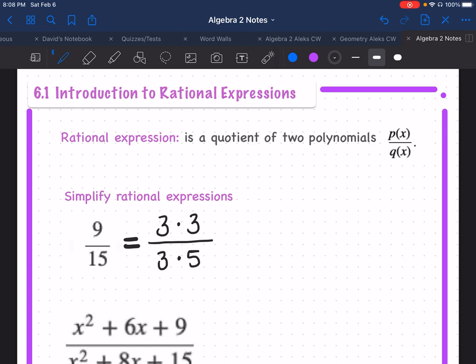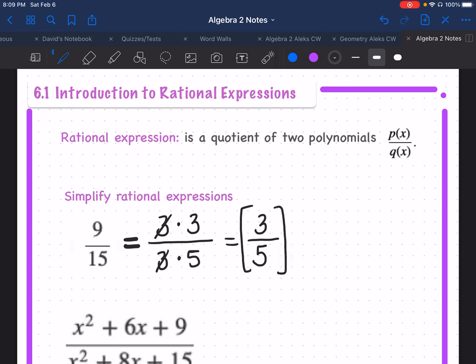Now, what I can very easily see is that I have a 3 in the top and a 3 in the bottom. Because they are in the top and the bottom, they can cancel each other out, leaving me with a 3 in the numerator and a 5 in the denominator, which is my simplified fraction of 3/5. This would be my solution.